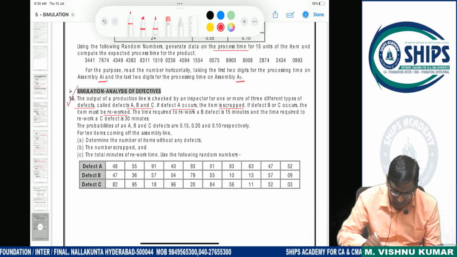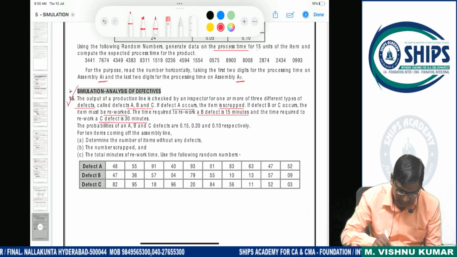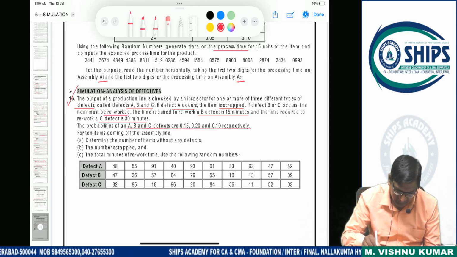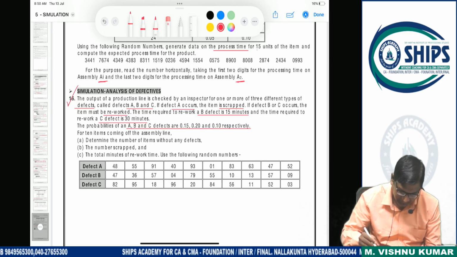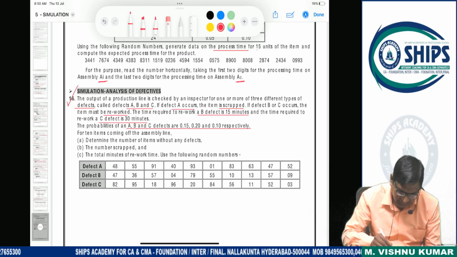Rework time on B is 15 minutes. Rework time on C is 30 minutes. Now the probabilities of A, B, C defects are 0.15, 0.2 and 0.1. 10 items come off the assembly line.